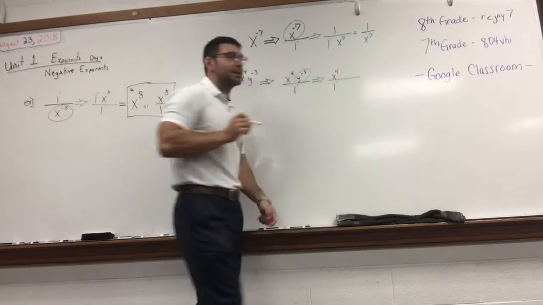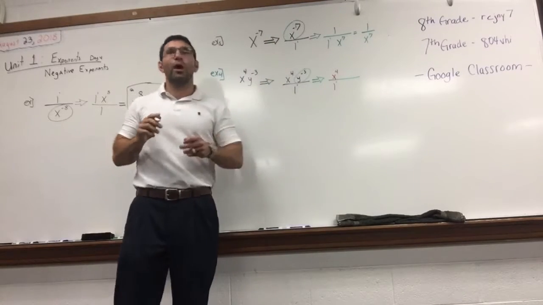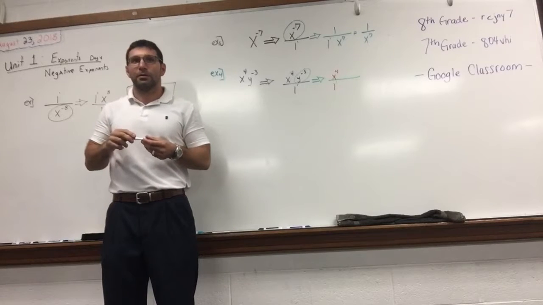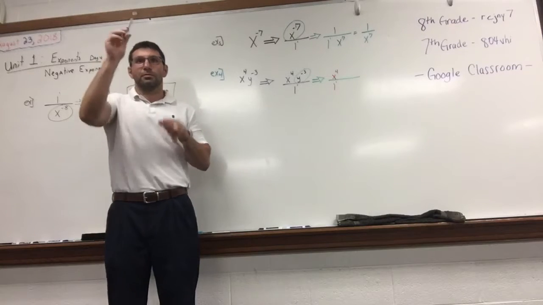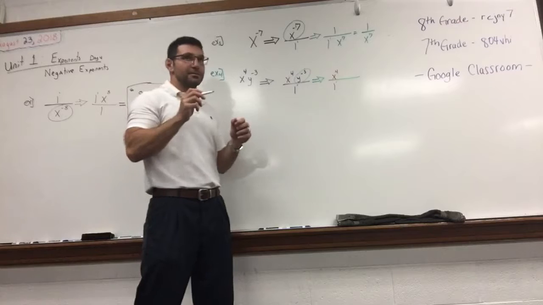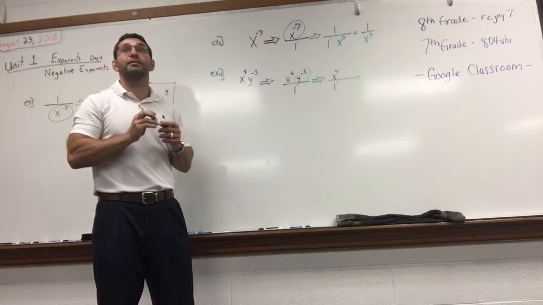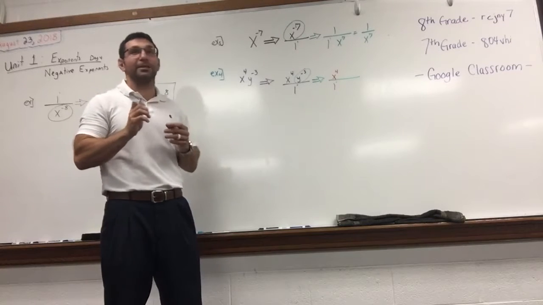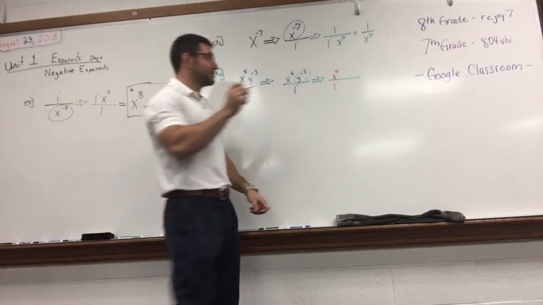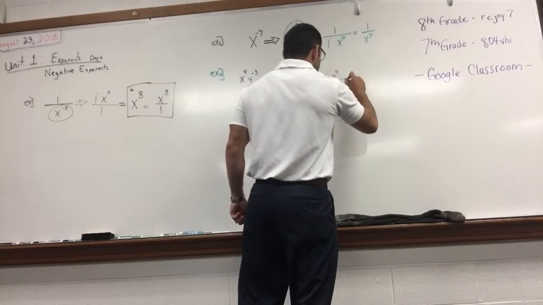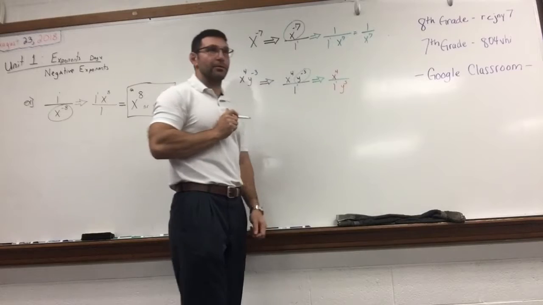It stays in the denominator. But I've got y to the negative third. Where does that go? Bianca? In the denominator. And it becomes what? Positive. So tell me exactly what I need to write. Y to the third. Very good.